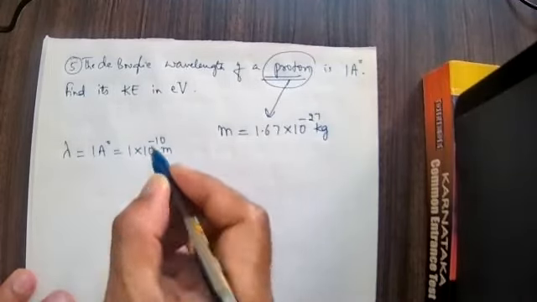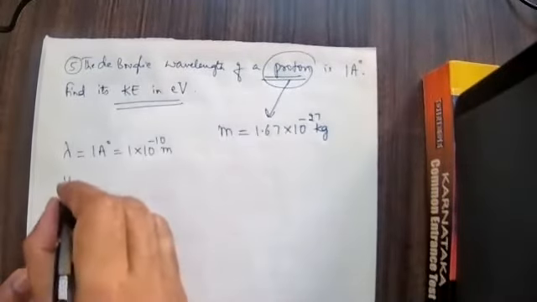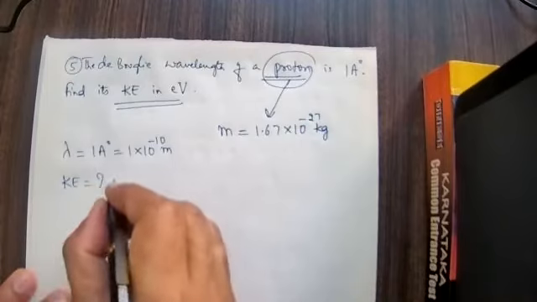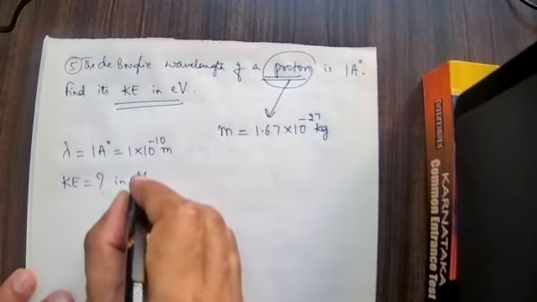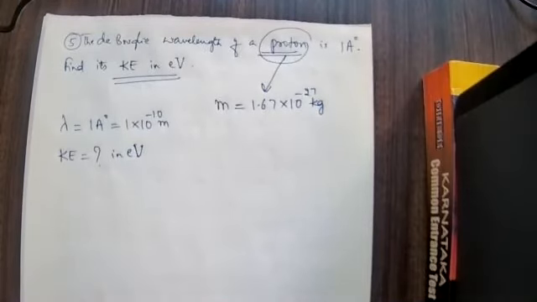Convert angstrom into meter. Find its kinetic energy in terms of eV, not in terms of joules. Of course, proton charge is 1.6 × 10 to the power of minus 19 coulomb. Proton charge remains the same.